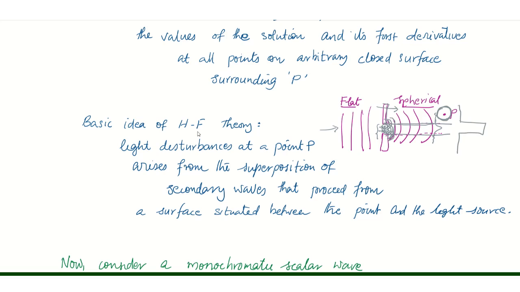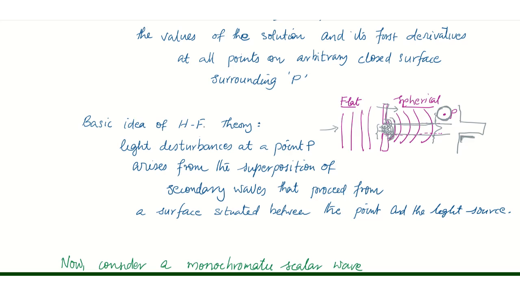But due to the secondary sources or the spherical wavefronts emitted by the secondary sources, the light spreads out into the shadow region here, and you can clearly observe the superposition and the interference, or what we call the diffraction patterns, in the shadow region.